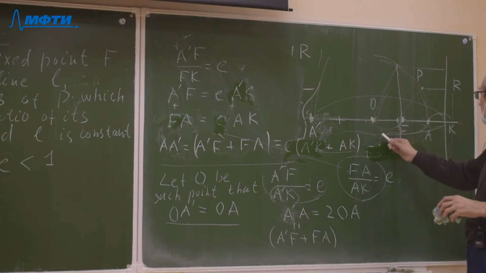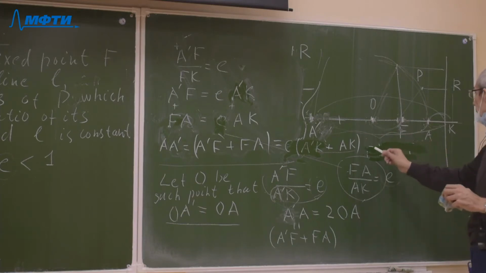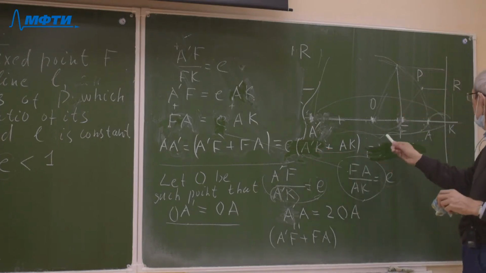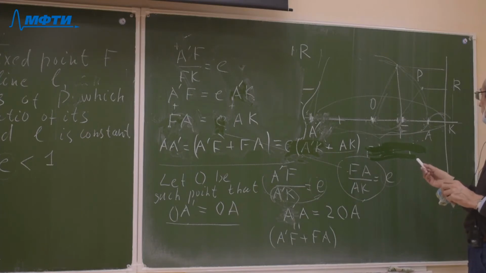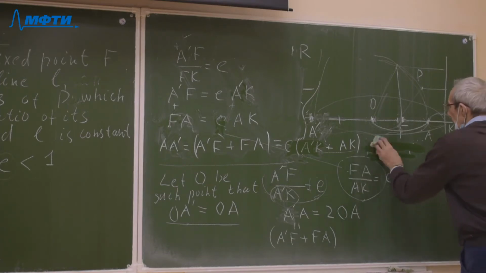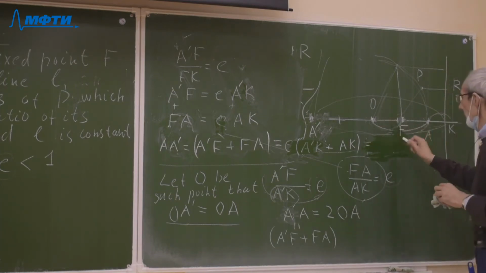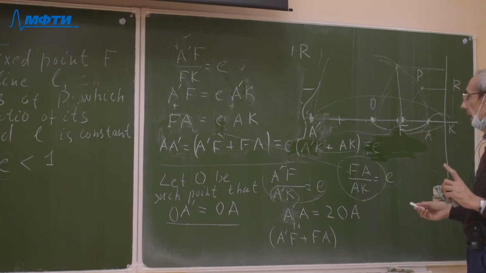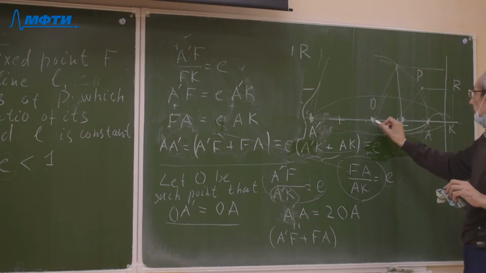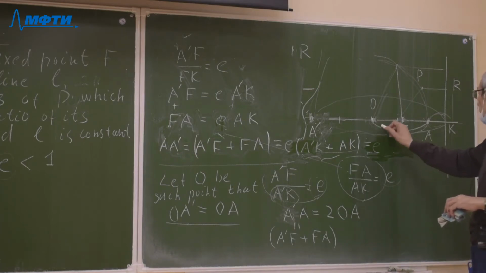And it is easy to see that I assert that this sum A prime K plus AK is equal to twice OA.